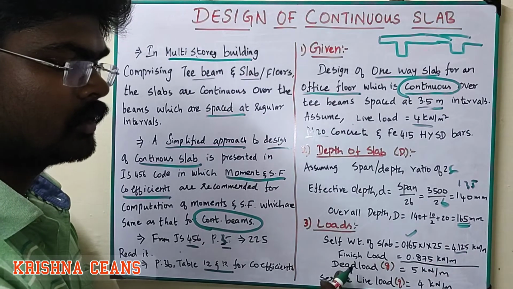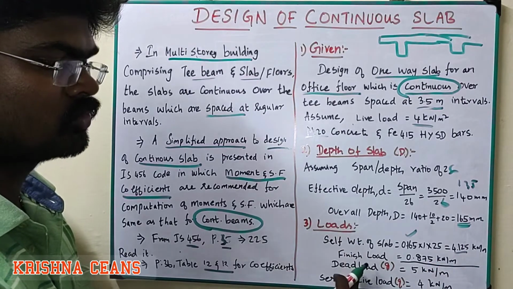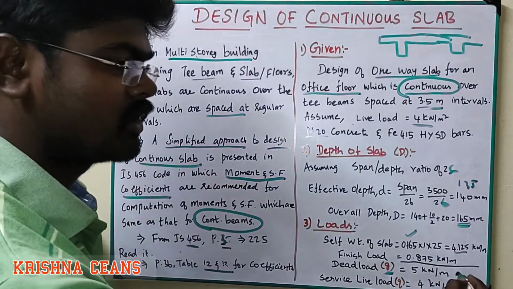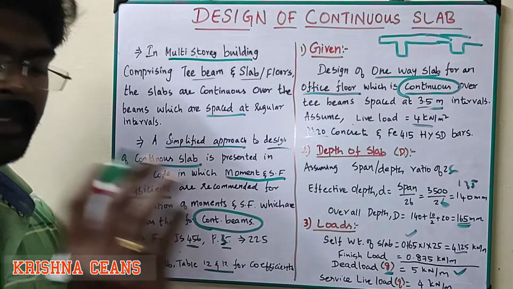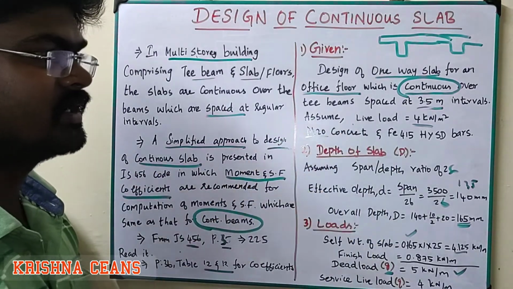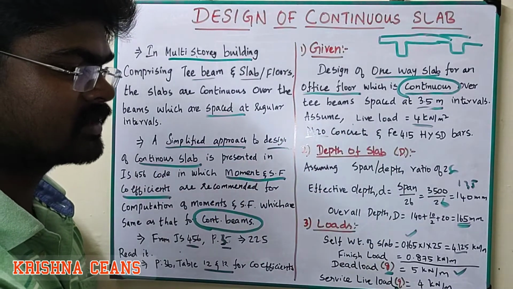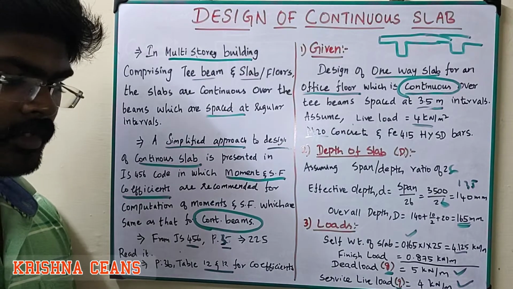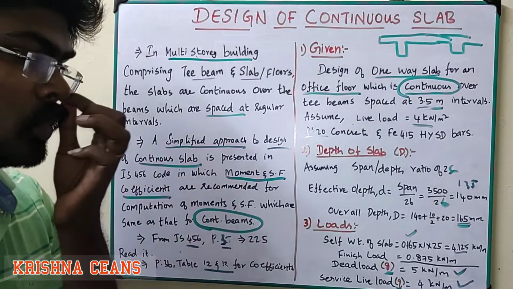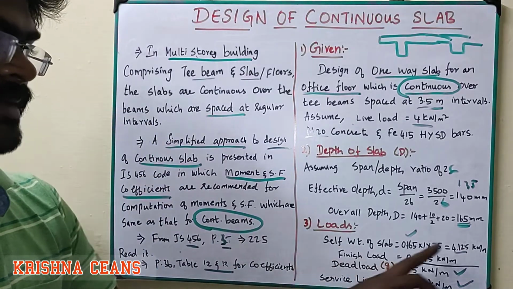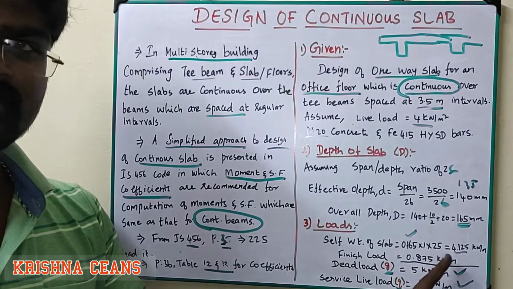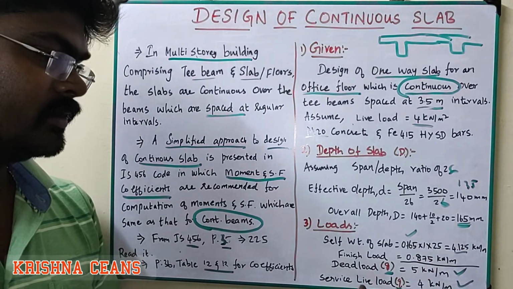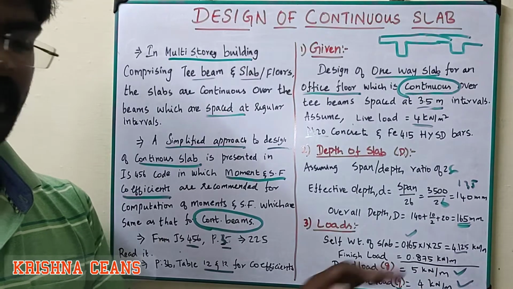Combined, the total dead load, taken as G, is 5 kilonewton per meter. Then live load, we assume 4 kilonewton per meter, taken as Q.